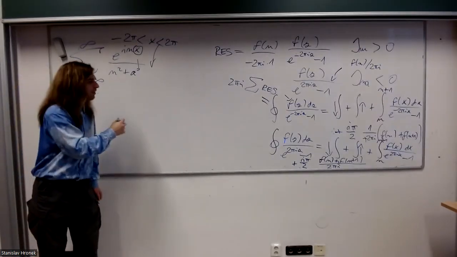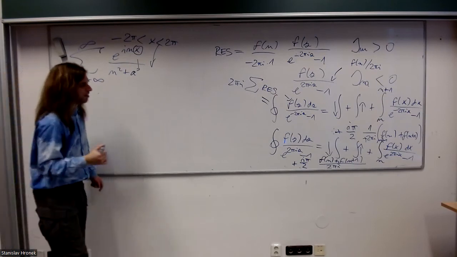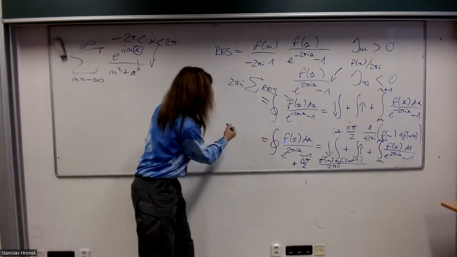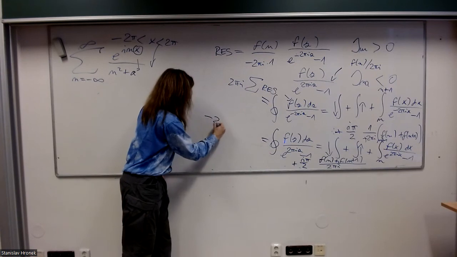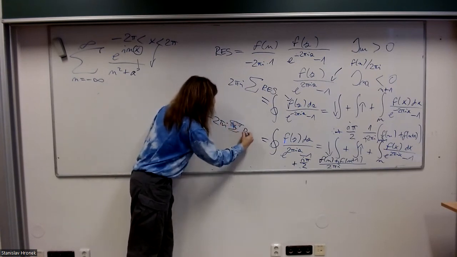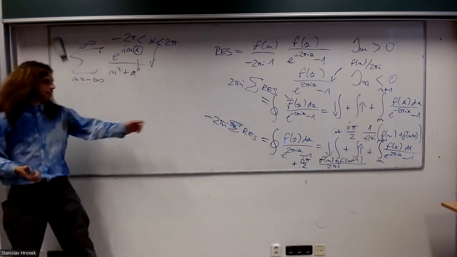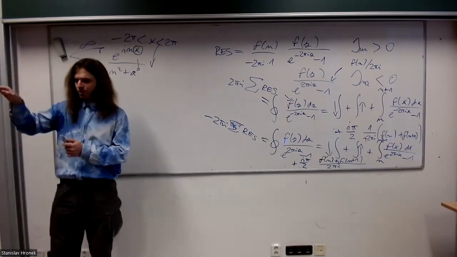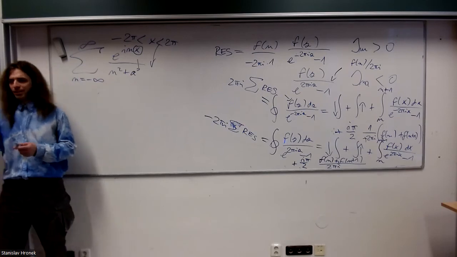But now we are just at the very end, so let me add up these integrals. Here we have minus 2 pi i times the sum of all of those residues. And why is there a minus? Because we went in the clockwise direction in the lower half plane tiles.